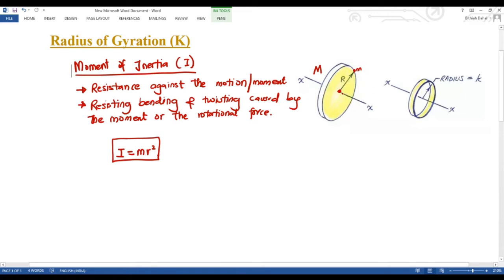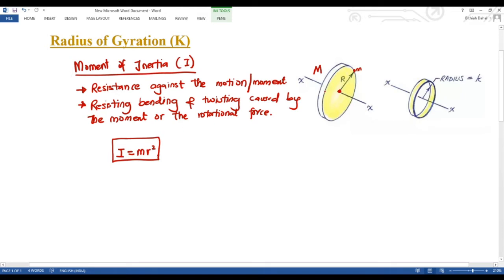Right? Now, when it is rotating, this rotational force depends upon this distance and the point mass. So from here I get the relation I equals m r squared.